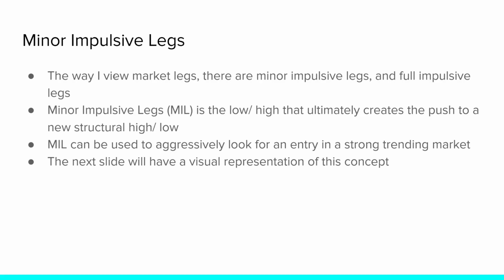The way I view the market legs, there are minor impulsive legs and full impulsive legs. A minor impulsive leg is the low or high that ultimately creates the push to a new structural high or low. I call it MIL for short. That can be used to aggressively look for an entry in a strong trending market. Now I'm going to show you a visual representation of this concept.